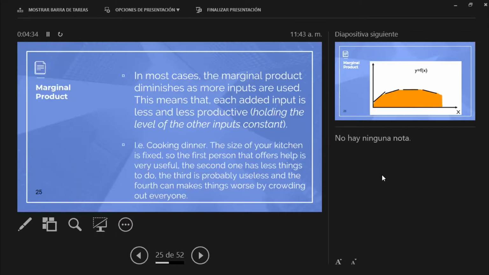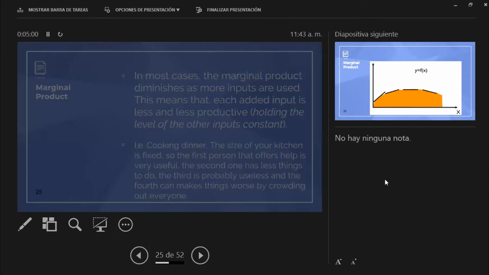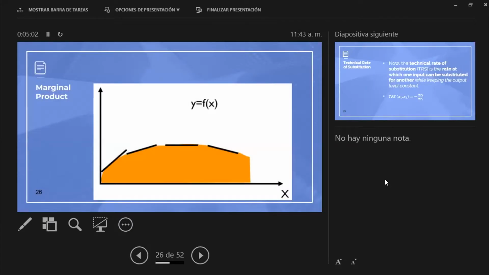And the moment you have too many cooks in the kitchen, actually it may hinder the performance of the original cooks or chef, because the more people you have, the harder it is to move within the kitchen and get the things you need, because you have too many people, and suddenly that crowding out effect essentially hinders your production in such a way that the overall marginal product looks like this.